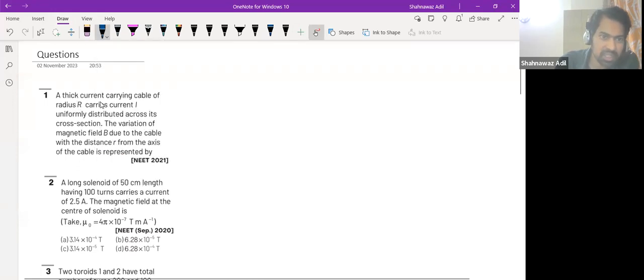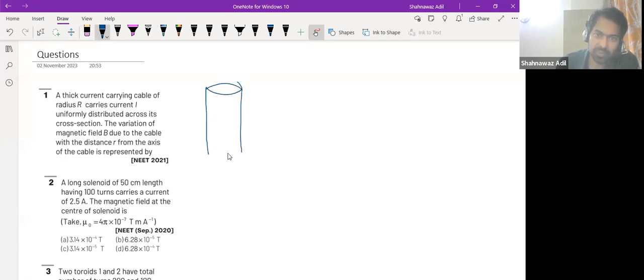A thick current wire of radius R, and current I is flowing through it.